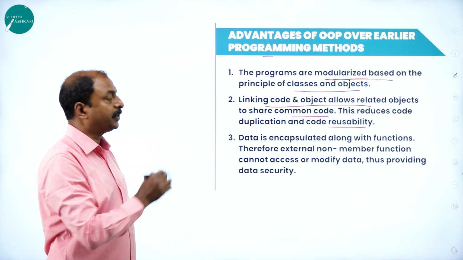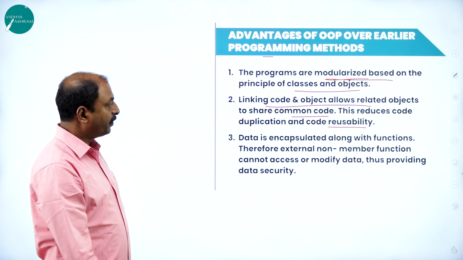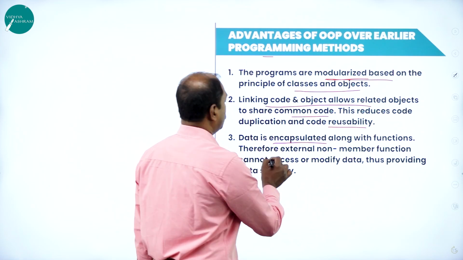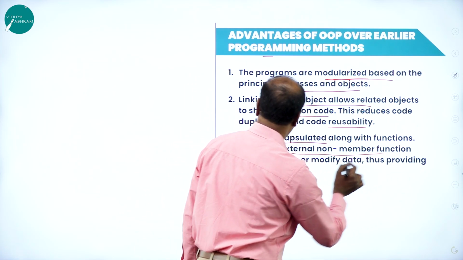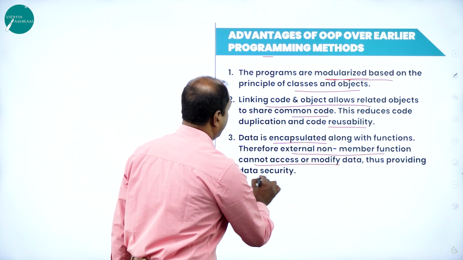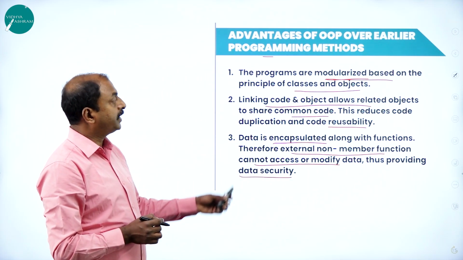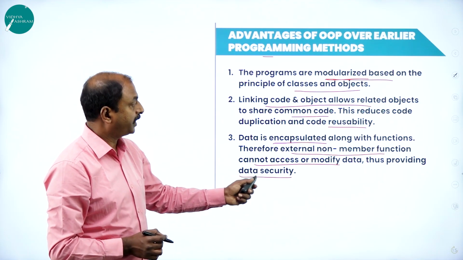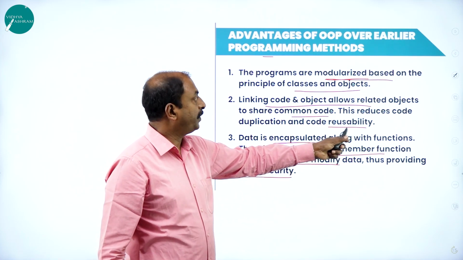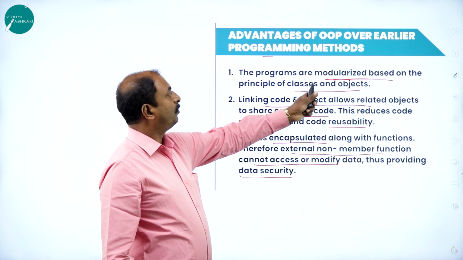Next, data is encapsulated with the functions, so external non-member functions cannot access or modify the data, providing data security. So the advantages are data security, code reusability, and modularity.